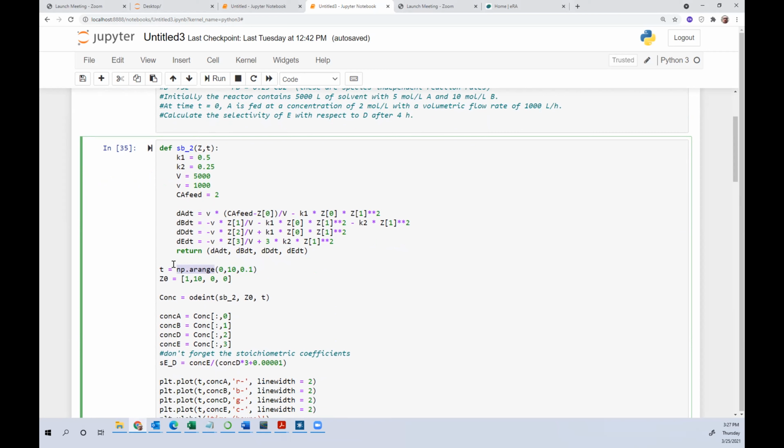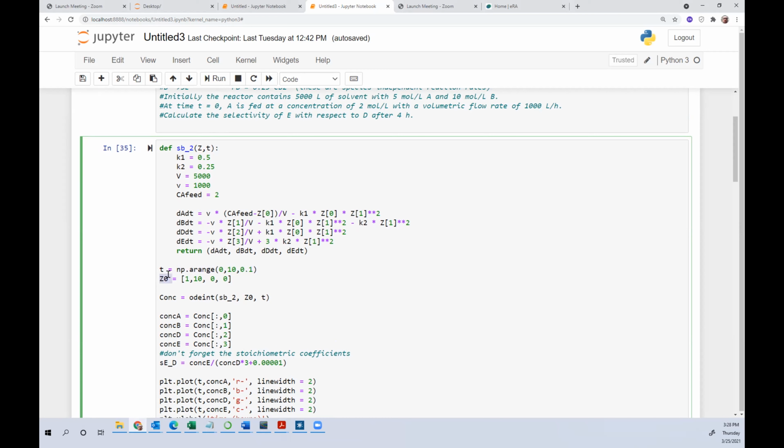There is another form called np.linspace, but with np.arange, the arguments are the start, the end, and the interval. So it starts at time 0, goes to 10, so 10 hours, and it takes 0.1 every point. It solves it every 0.1 hour.